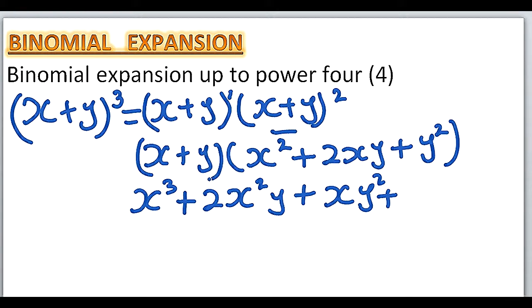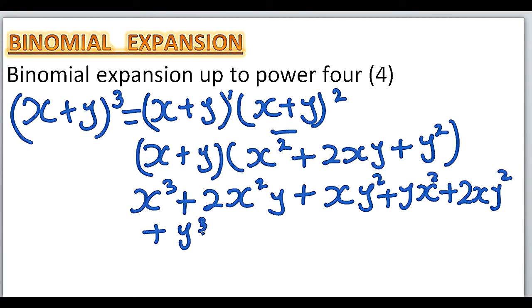Then we come to y multiplied by x squared, we will get yx squared, plus y multiplied by 2xy, we will get 2xy squared, and finally we have plus y multiplied by y squared, we will get y cubed.